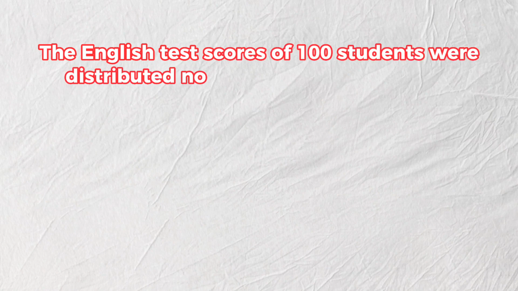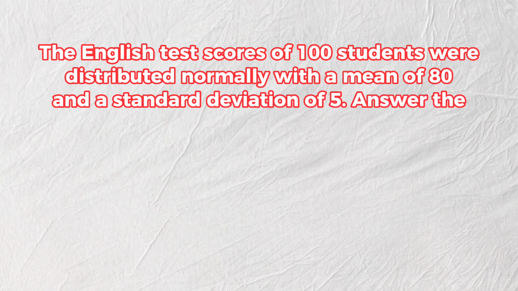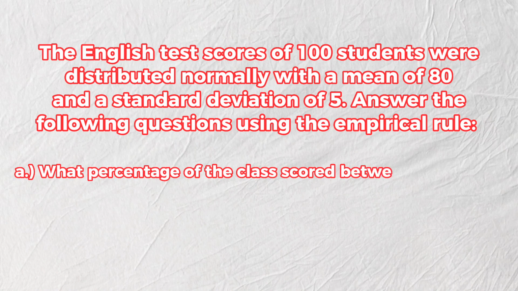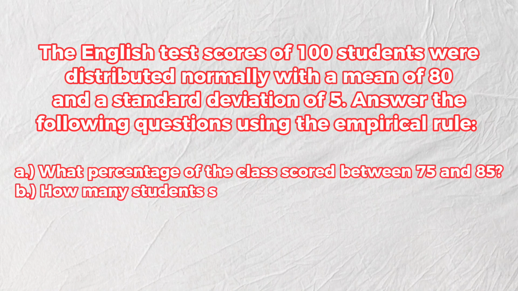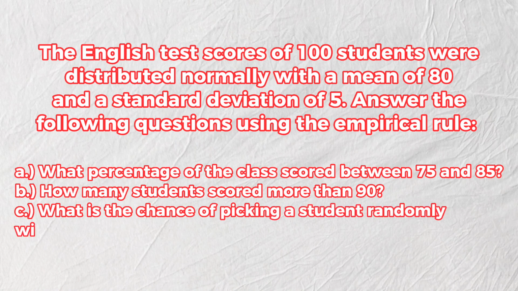Were you able to understand it? Now it's your turn to answer the problems by yourself. The English test scores of 100 students were distributed normally with a mean of 80 and a standard deviation of 5. Answer the following questions using the empirical rule. A. What percentage of the class scored between 75 and 85?